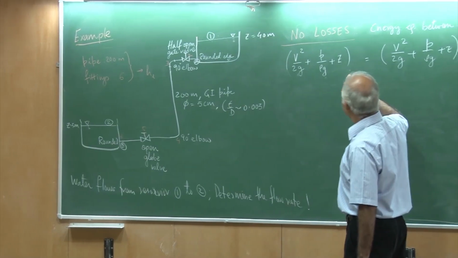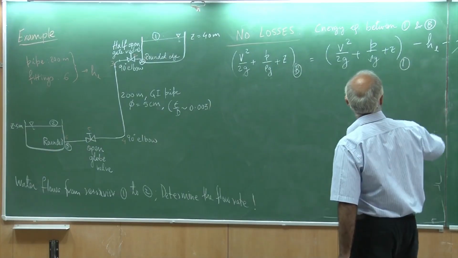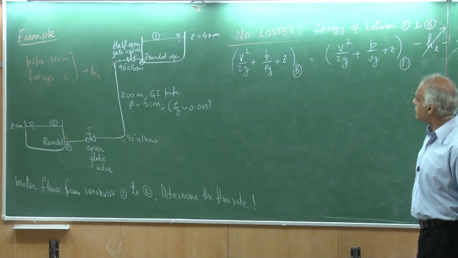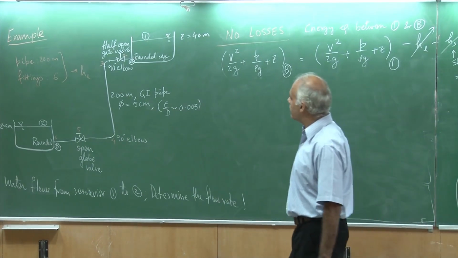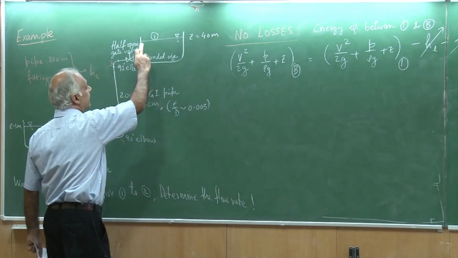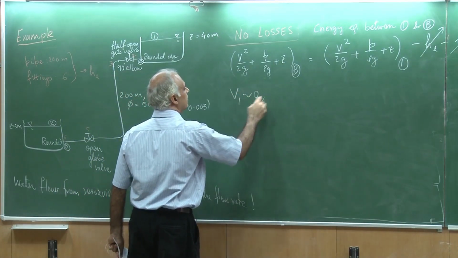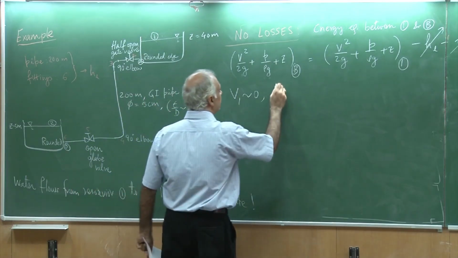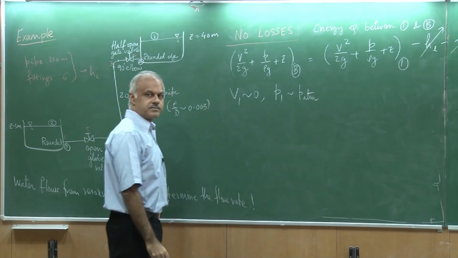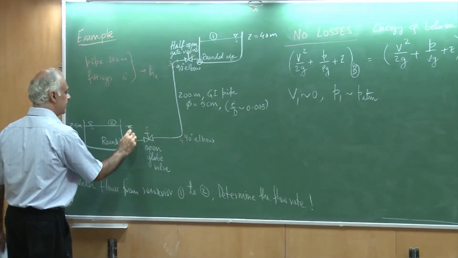So, this would be then B, and this would be 1, and there are no head losses because I am looking at an ideal situation. Let me estimate now the various quantities. I will use the same assumption that I have a very large reservoir. So, V1 is 0. Further, P1 would be P atmosphere. Let me assume that this height is H1.